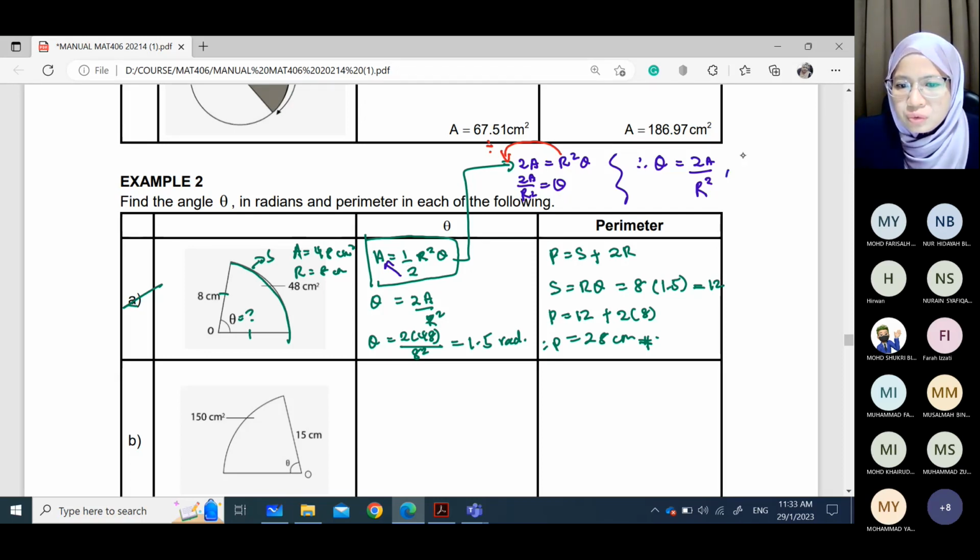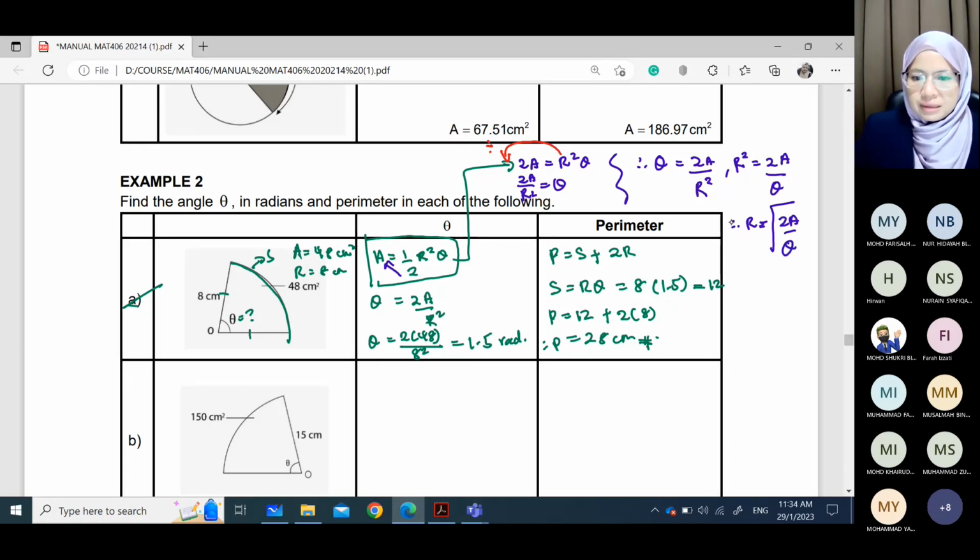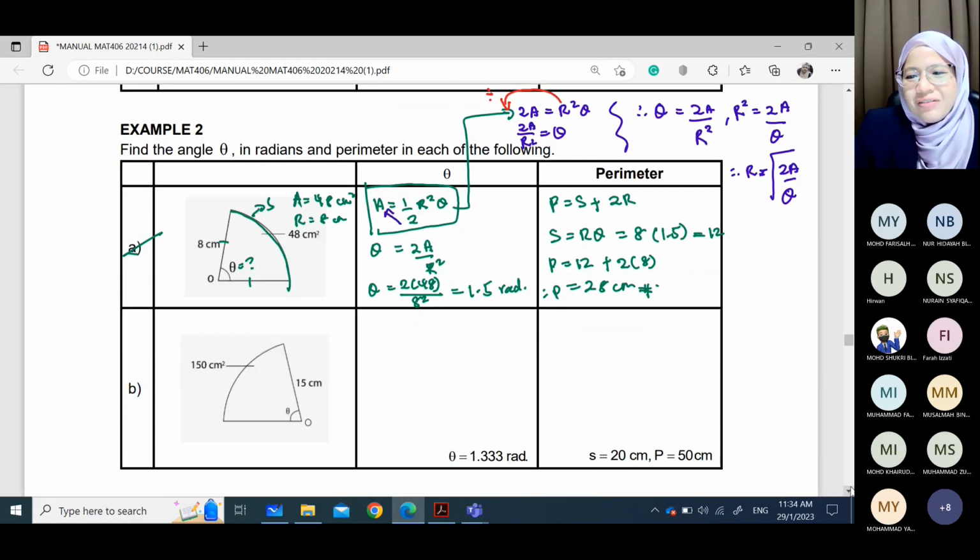So untuk R squared, dia akan jadi 2A over theta. Okay, so therefore R, sebab dia kuasa 2, sama juga dengan square root 2A over theta. Ini kalau kita nak dapatkan R, radius. Faham ya? Okay, very good.